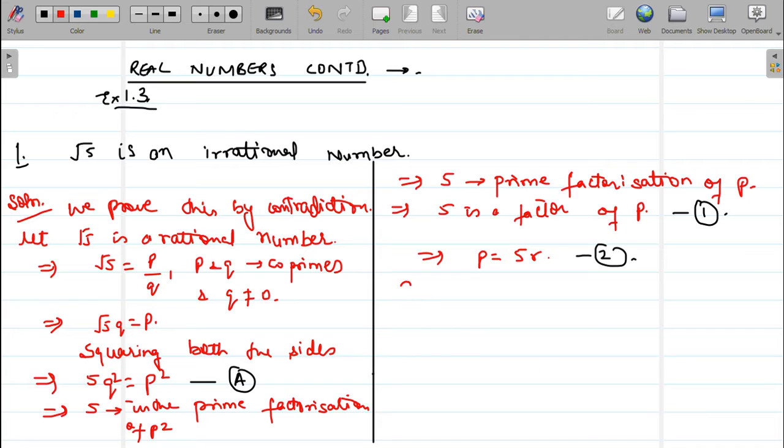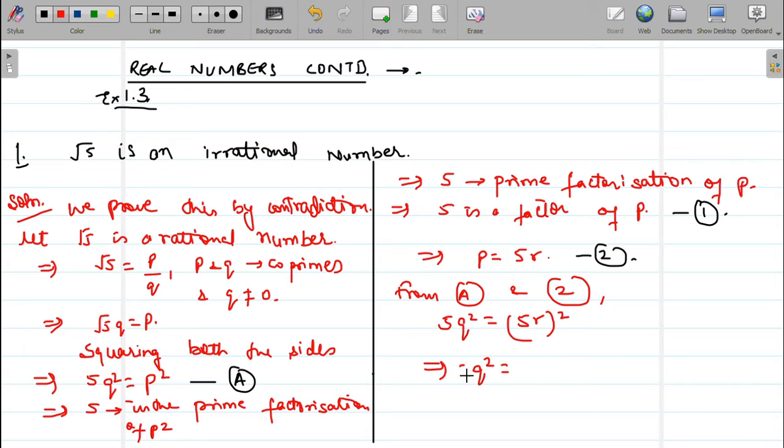So from A and 2, I will get that 5q square is equal to 5r whole square. This implies q square is equal to 25r square. If I cancel the 5 on both sides, q square is equal to 5r square.